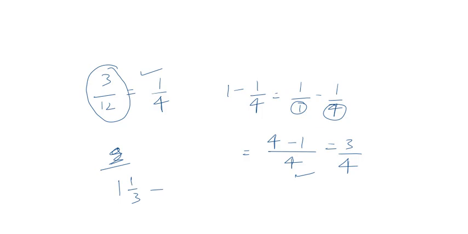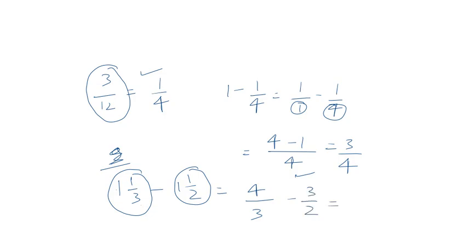Now, how do you subtract this? Whenever a mixed fraction is there, make it an improper fraction, in a by b form. 3 ones are 3, plus 1. This will become like this.